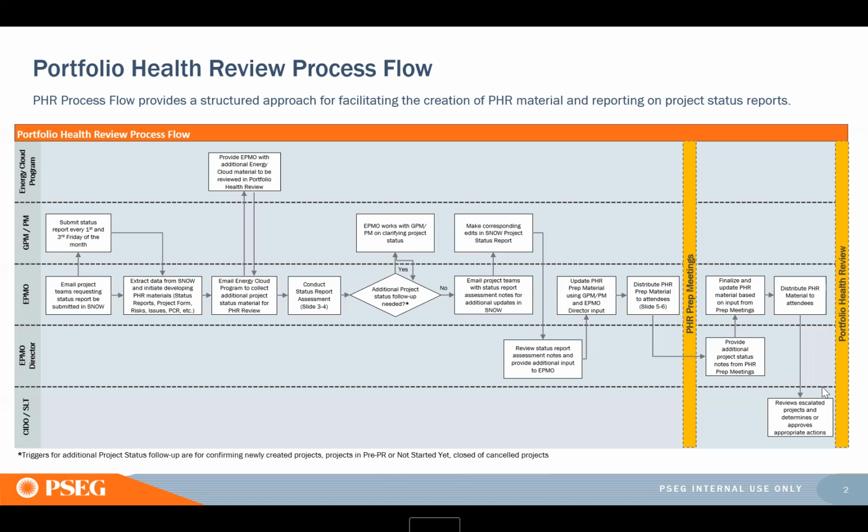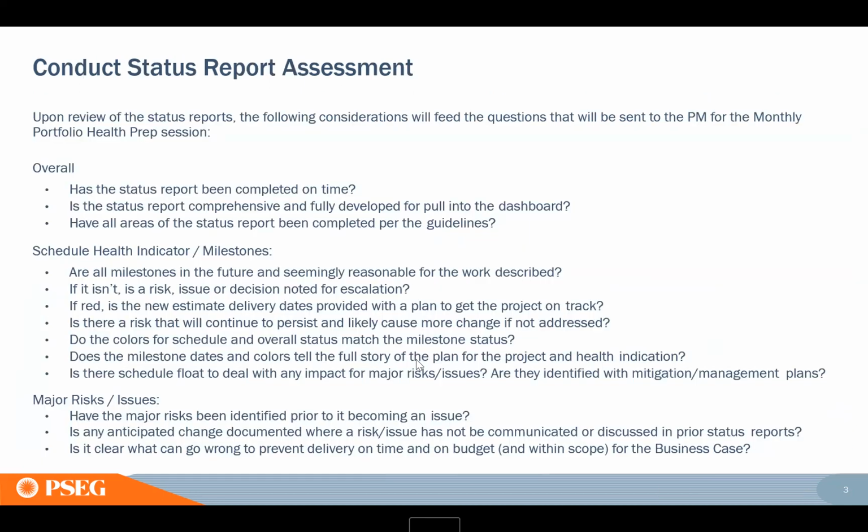The prep meetings are set by tower. So as the PM, you should be invited to your tower's prep meeting, and then the portfolio health meeting with senior leadership, just in case your project is one that needs to be discussed. So that's the high level process flow for that.